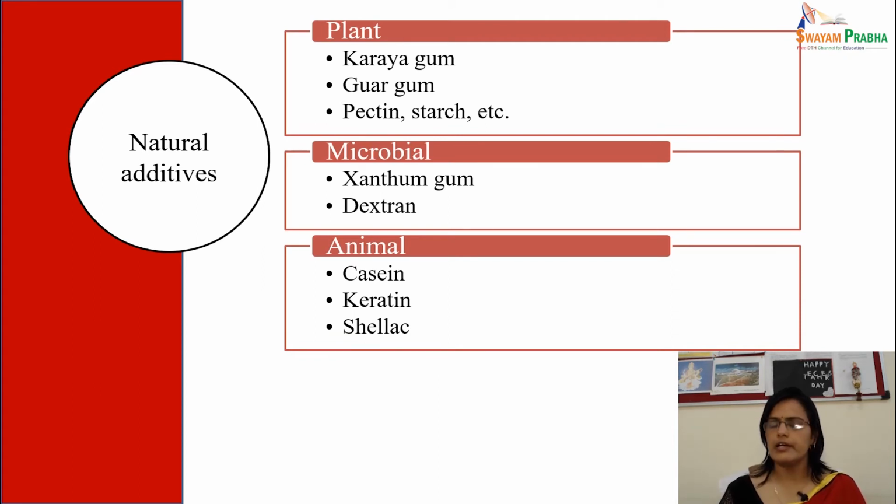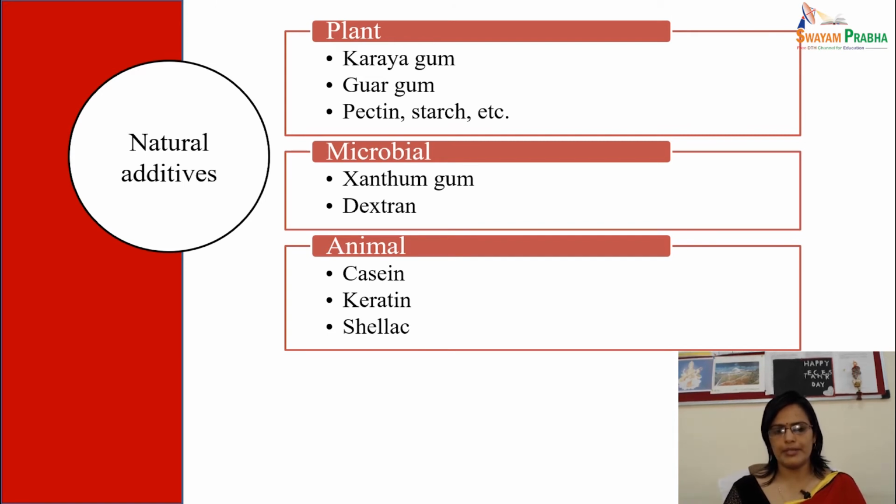These are examples of rheological additives originating from plants. Microbial sources give xanthan gum and dextran, while casein, keratin, and shellac are from animal sources.